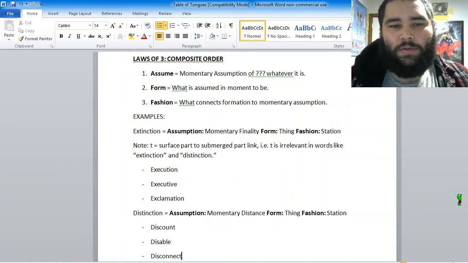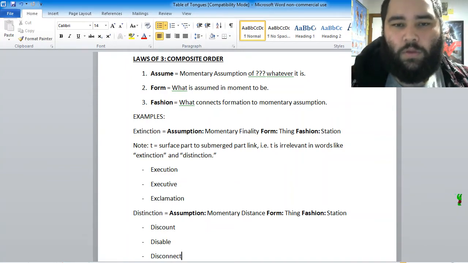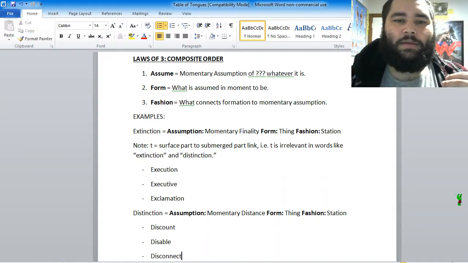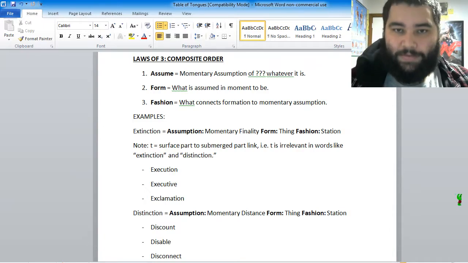The 3 laws. The first law is assume. That equals a momentary assumption of whatever it is.